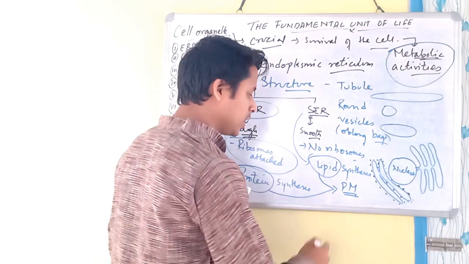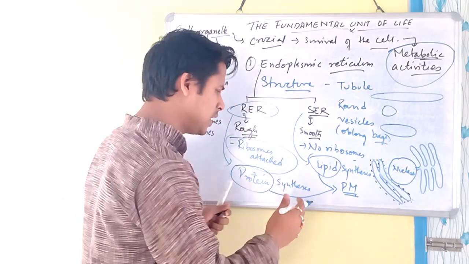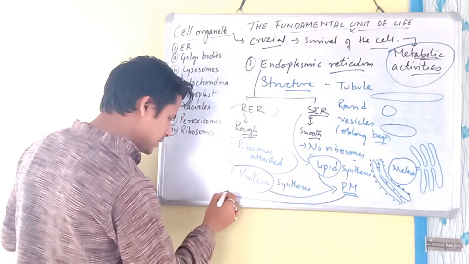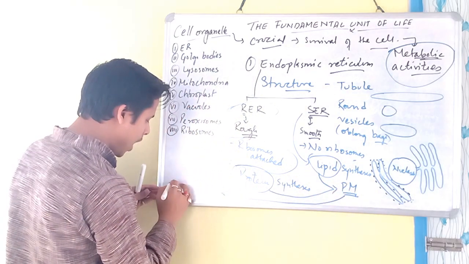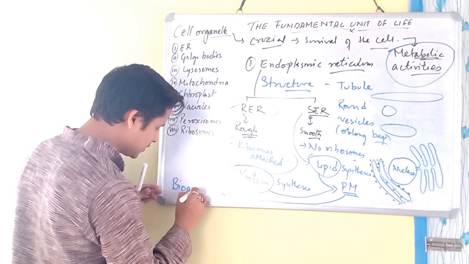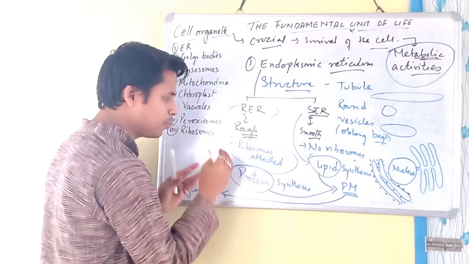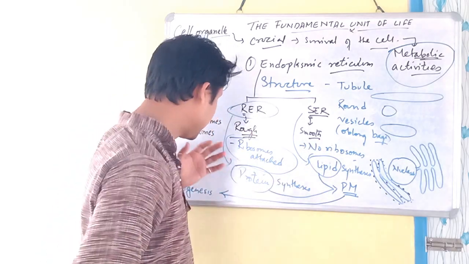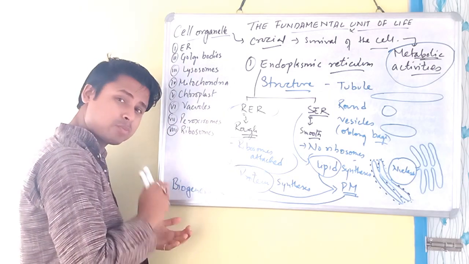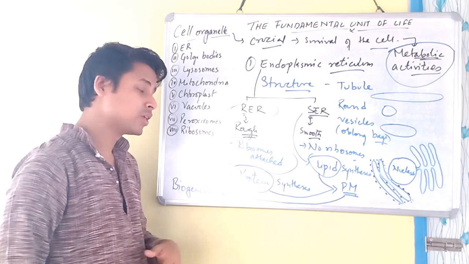The process of making cell organelles or components of the cell is known as biogenesis. So this lipid and protein combined forming the plasma membrane, and this formation of the plasma membrane or any other cell organelle, we call biogenesis, right?